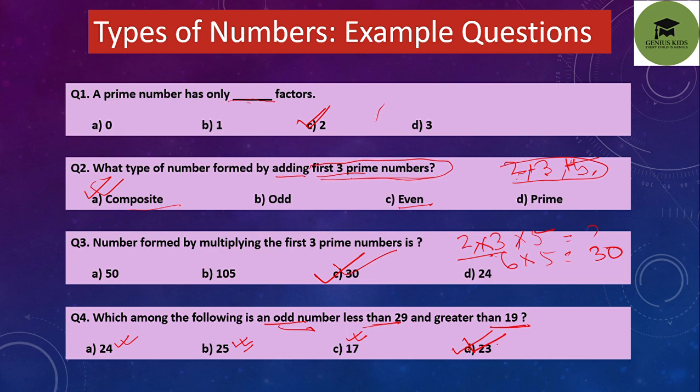If you get a pure odd number, which is not divisible by 2 and is not composite, you will select this. But in any case, if 23 were not there, then 25 would be your answer. So your first choice is the pure one, 23, an odd number that is not a composite number. Mainly, this is also a prime number.